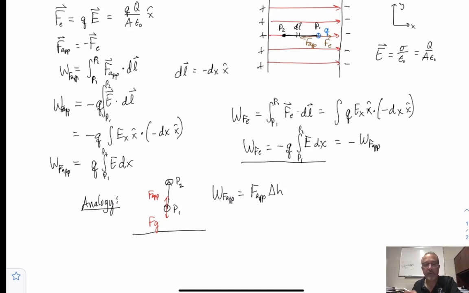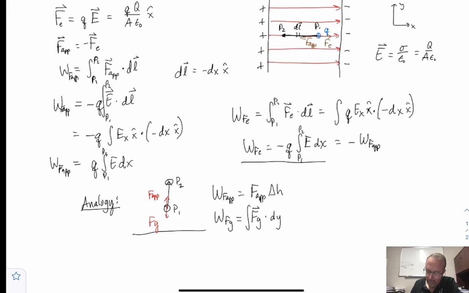Of course, I could have written that as an integral of the applied force dotted into dl. I'm simplifying it here because the gravitational force is in fact constant. So the work done by gravity would be the gravitational force times dy.